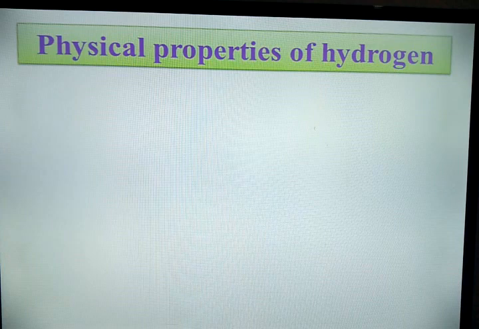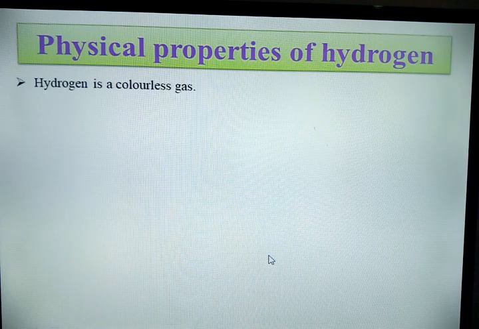So the hydrogen produced, all hydrogen gas, has very many properties, both chemical and physical. But among the physical properties, we look at cheap things here, in terms of the color of the gas. Hydrogen has no color, it is colorless, just like oxygen, carbon dioxide, nitrogen, sulfur dioxide, and very many gases we have learned about.